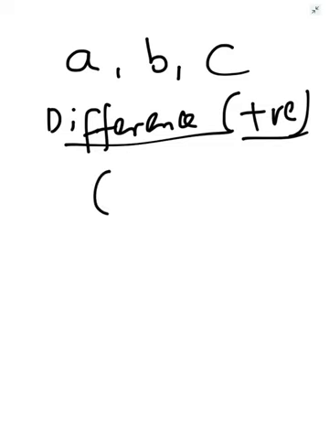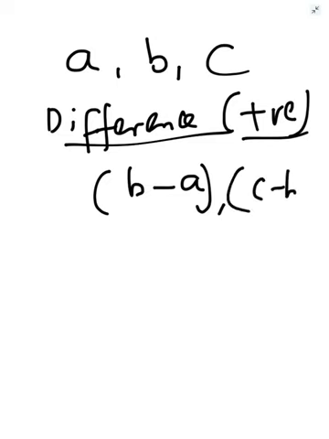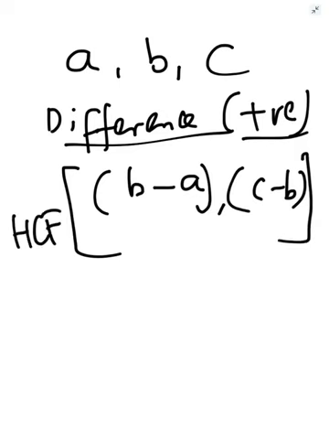Suppose B is greater than A and C is greater than B. So B minus A. The other difference can be C minus B. So I have taken two differences, B minus A and C minus B, and then I will take the HCF of these differences. So that will give me N.